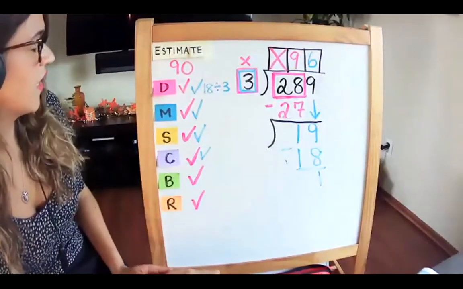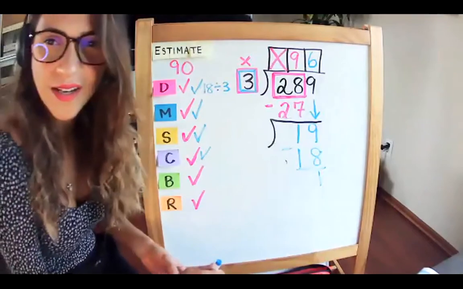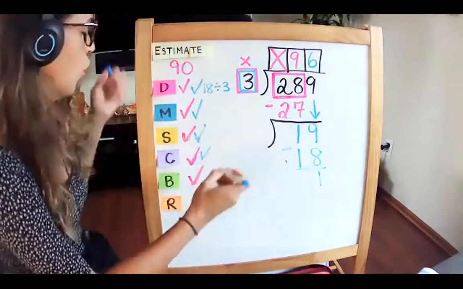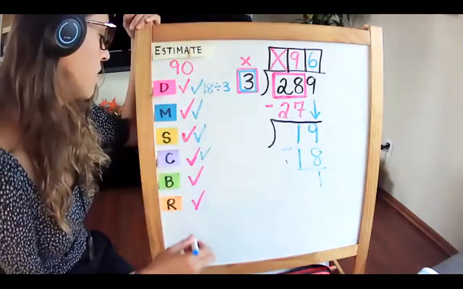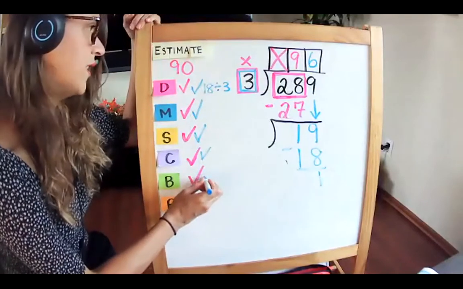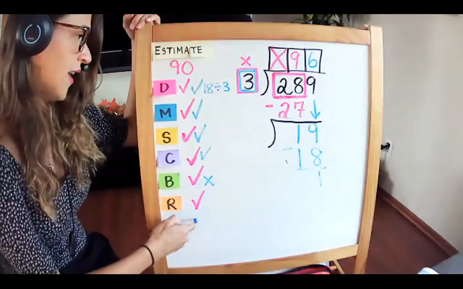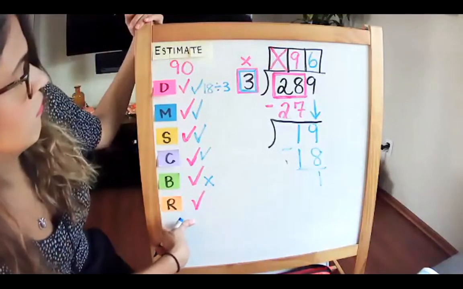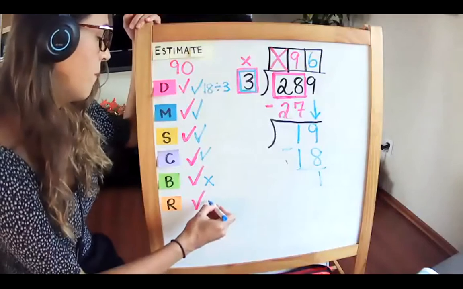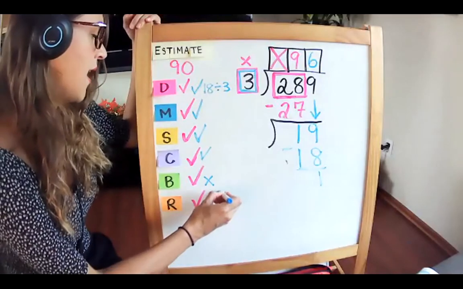Exactly. Is the 1 less than a 3, guys? Yes. So check. Good to go. Anything left to bring down? No. Anything left to repeat? No. So it becomes a remainder.